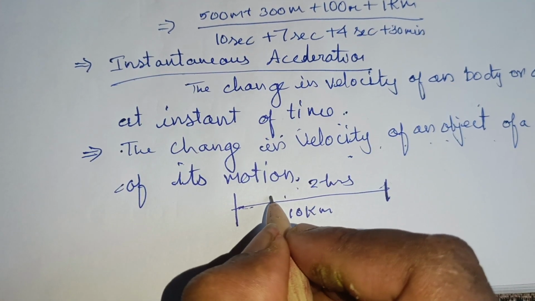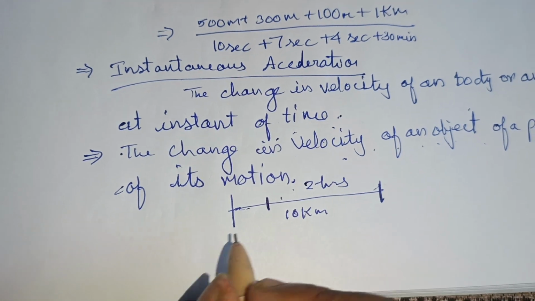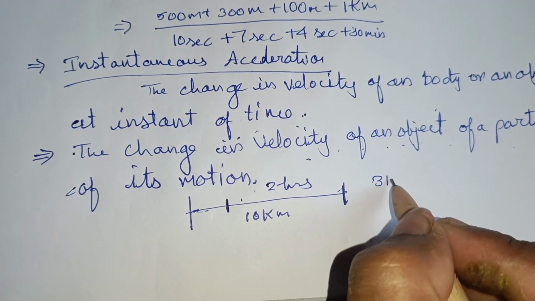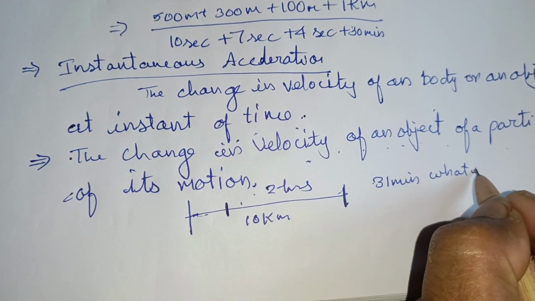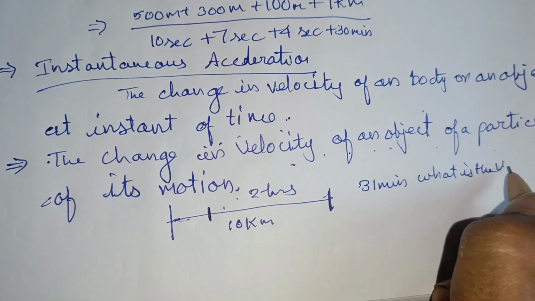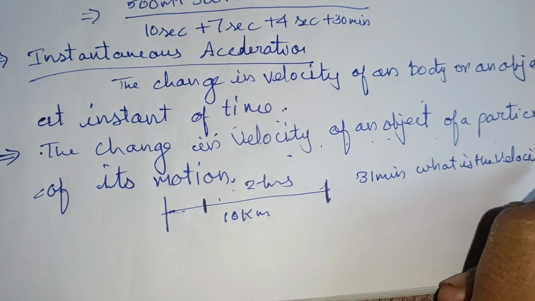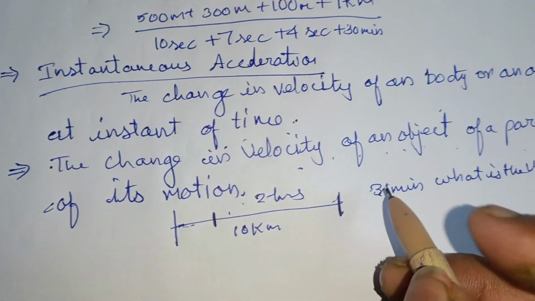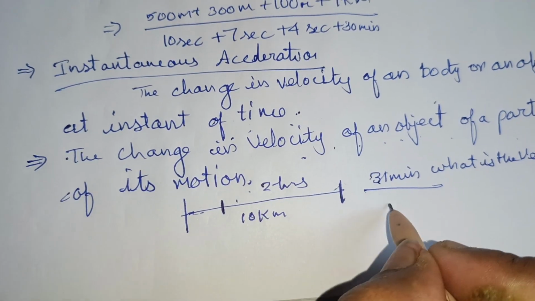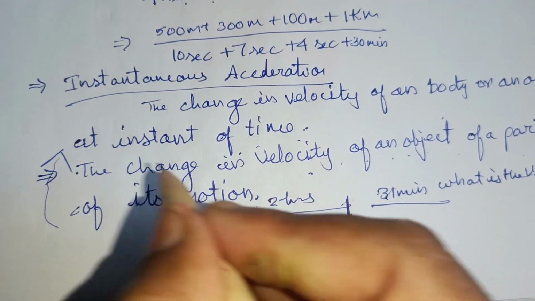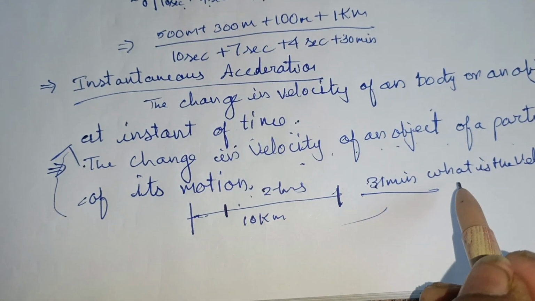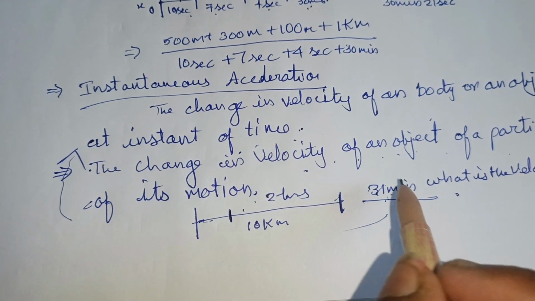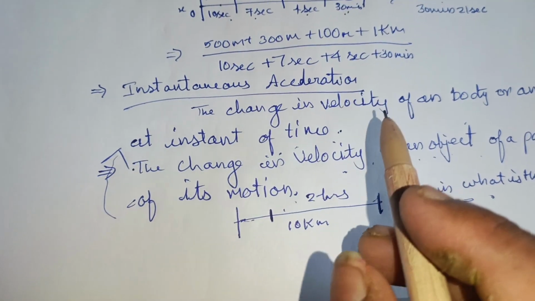I want to know the velocity at the 31st minute. What is the velocity at the 31st minute? That is indicated as instantaneous acceleration.